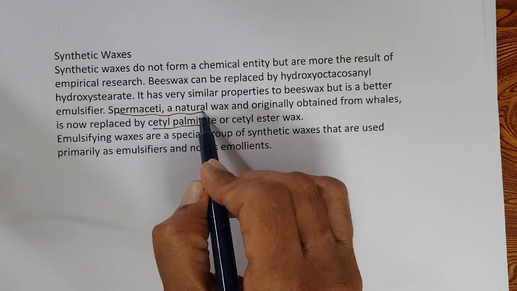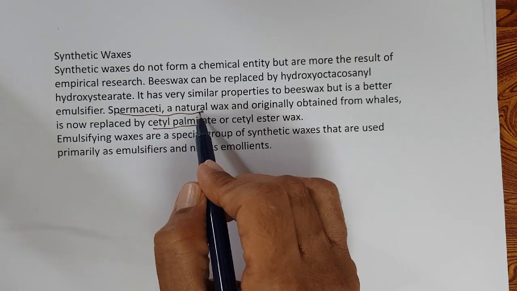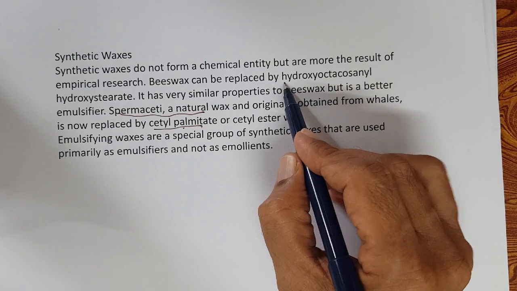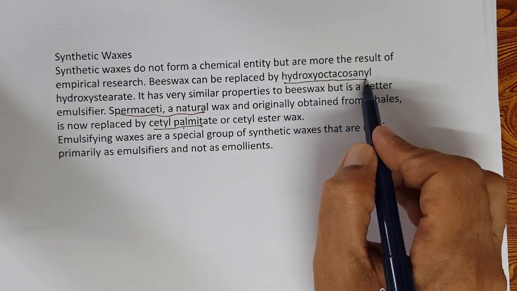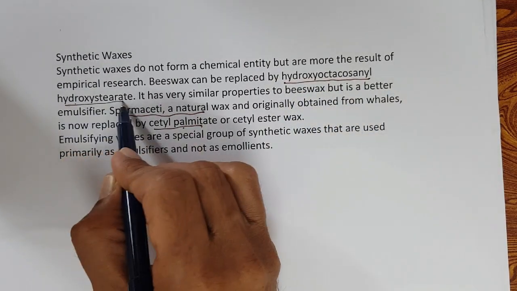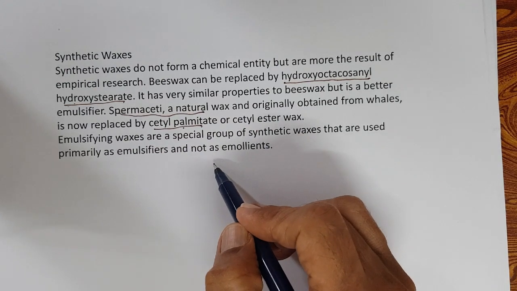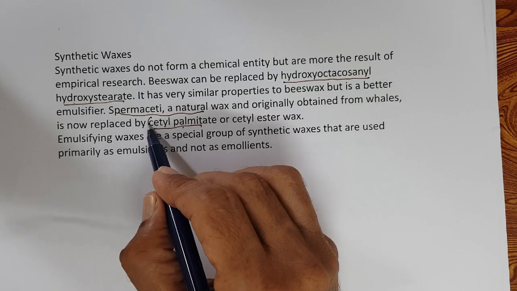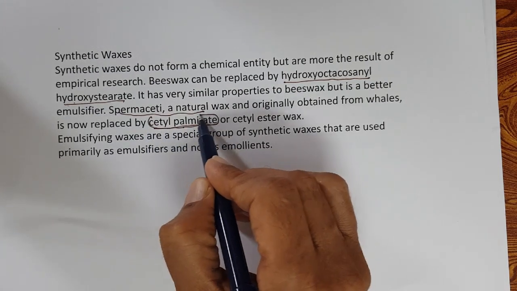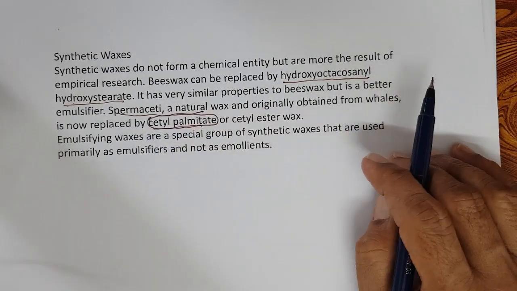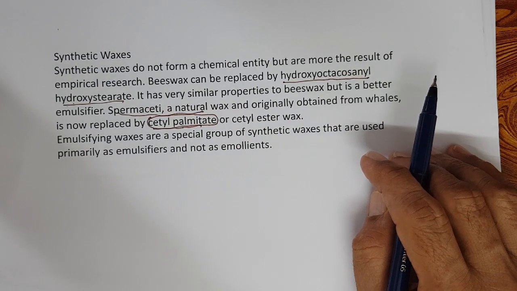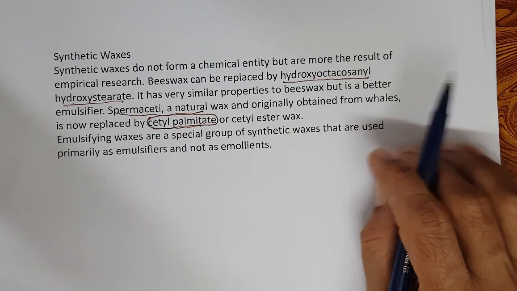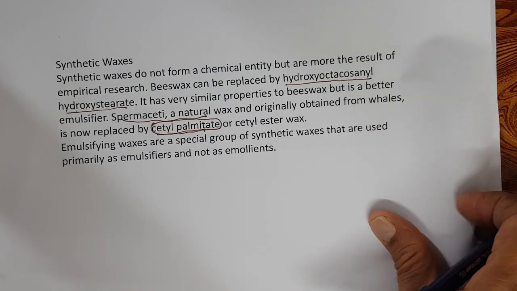Spermaceti is a natural wax obtained from whales, but cetyl palmitate substitutes for that. Then hydroxy octacosanyl hydroxystearate. So these are all cetyl palmitate and stearyl palmitate. Cetyl palmitate is a very, very important synthetic wax widely used in cosmetics, right?